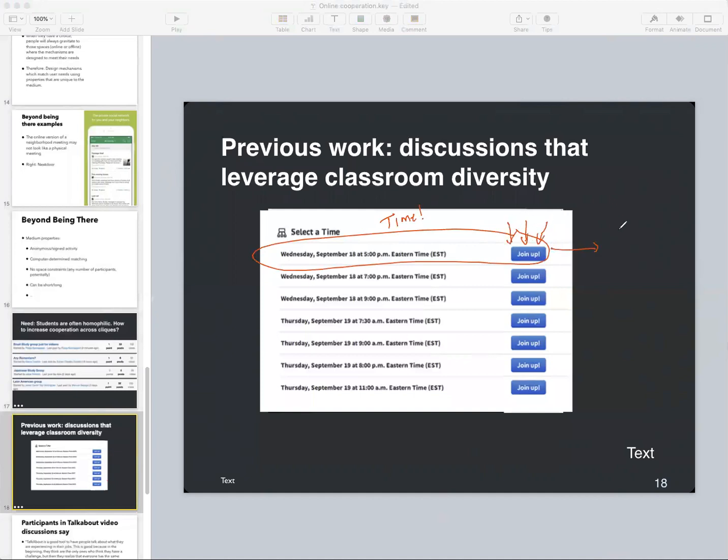And what the computer would do would take all of the people who signed in for that discussion, and then it would create a jigsaw group algorithmically for a subset of the people who have joined in at a particular time. Now, because you have a computer algorithm doing this, you can do it much faster, and you can also use a lot of different data than you might if you were to do it as a teacher.